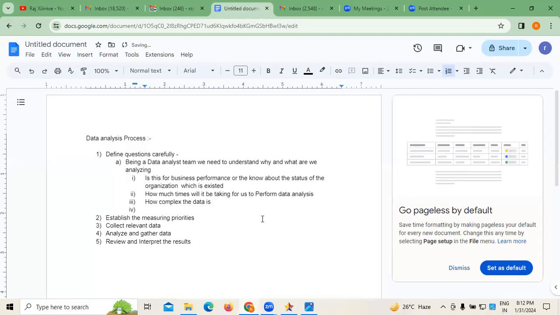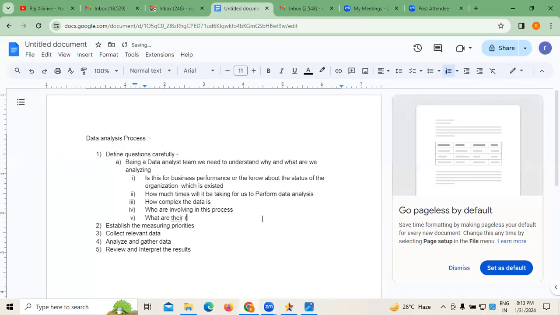Next, who is involved in this process? We must know, right? Who is involved in the process. Next, what are their roles and responsibilities?